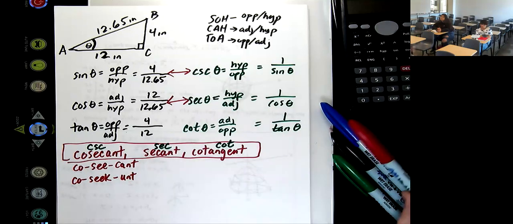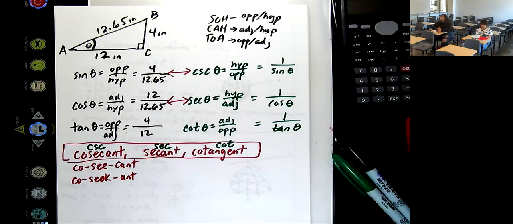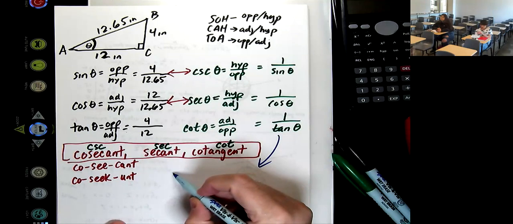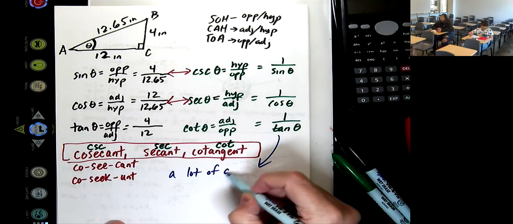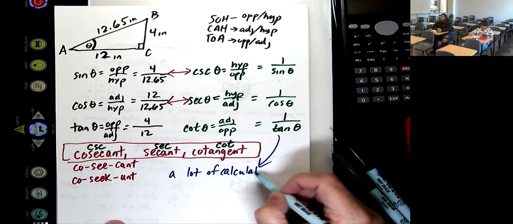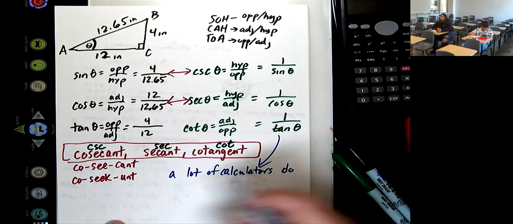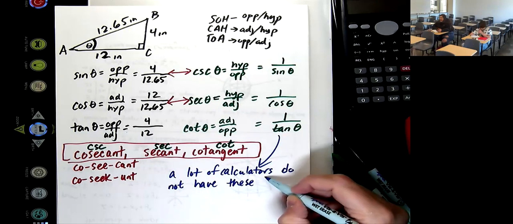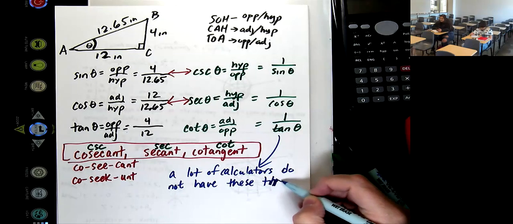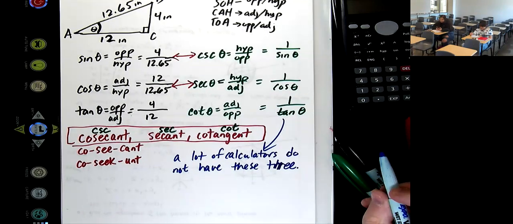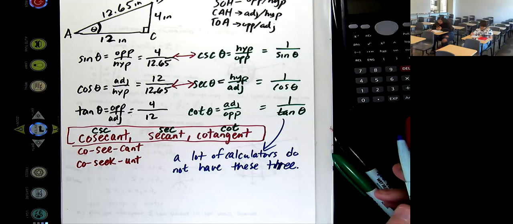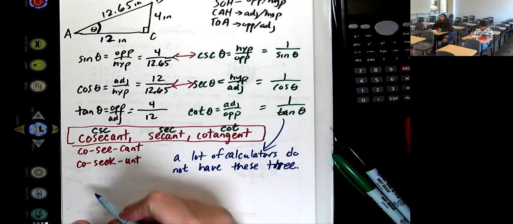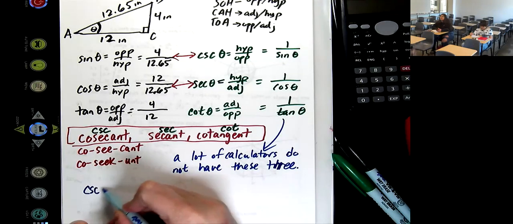And oftentimes, a lot of calculators do not have these three. So the way you get around that is, let's say you want cosecant of 30 degrees.